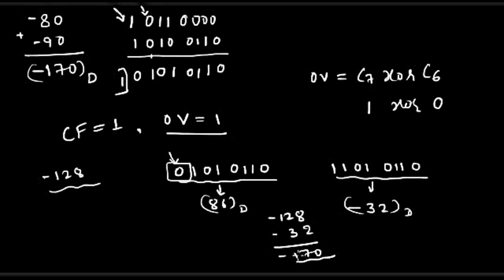So what we should do here is, when we add two negative numbers and the result exceeds the negative limit of minus 128, we know that the overflow flag is going to be set to 1, and our program should again complement the signed bit. When we complement the signed bit, we are going to get the right result of minus 170.